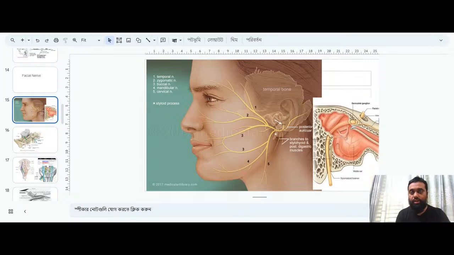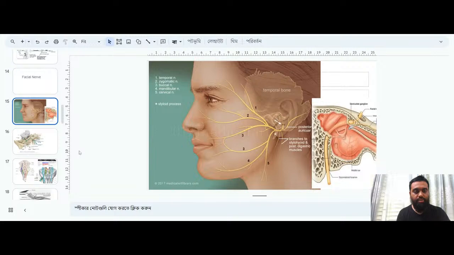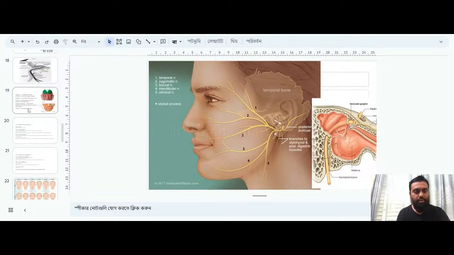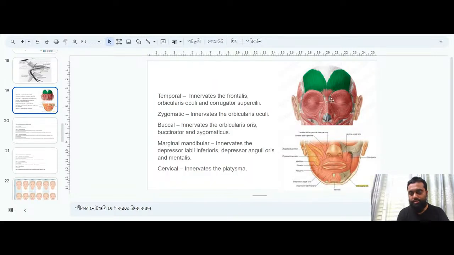Here we can see some muscles. These are the muscles of the face. These muscles express our facial expression, and these muscles are supplied by the branches of the facial nerve. Here is the frontalis. It elevates our forehead.